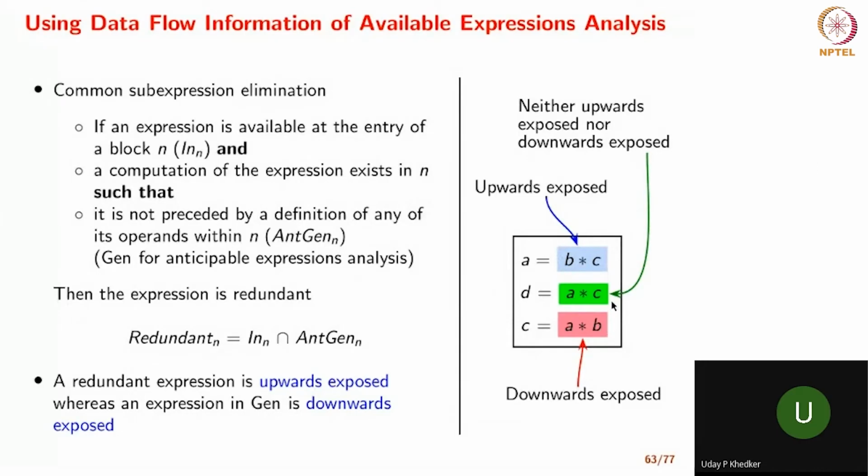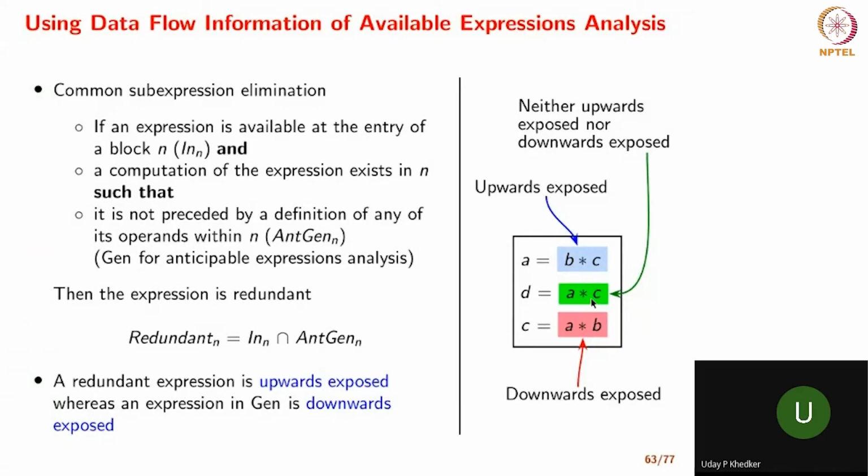This is an example of an expression that is downwards exposed, and this is an example of an expression that is neither downwards exposed nor upwards exposed, because this expression is preceded by an assignment of an operand and is followed by an assignment of the operand. So therefore, the green expression can never be eliminated by common sub-expression elimination, and rightly so.